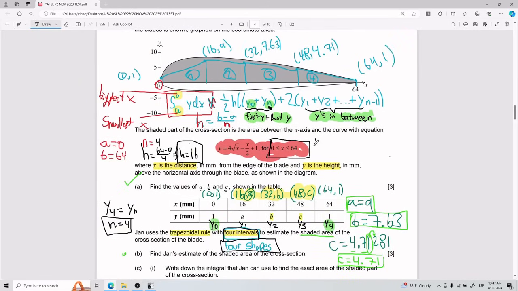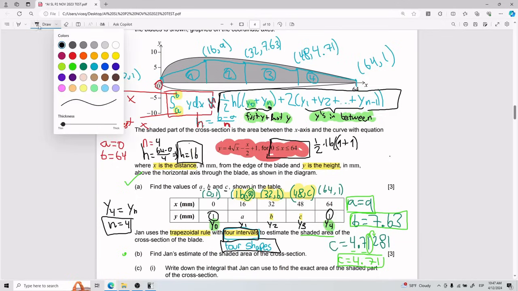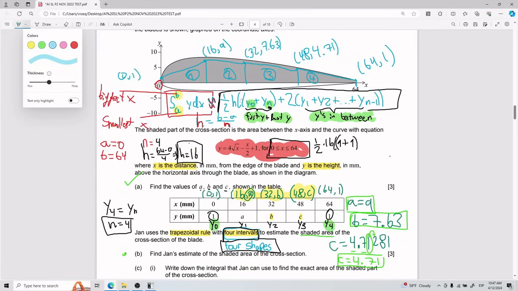You're going to have 1/2 times h, which is 16, parentheses, your first y, which you said was 1, plus your last y, which is y4, which is also 1. Up until now, I have plugged in this.